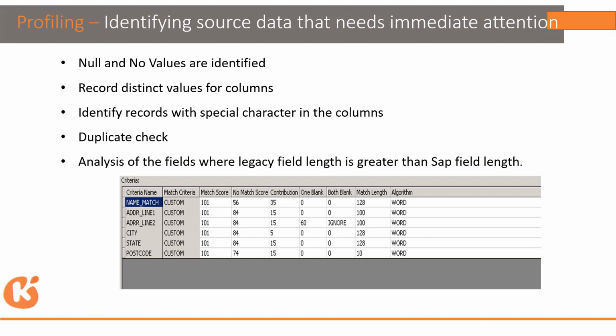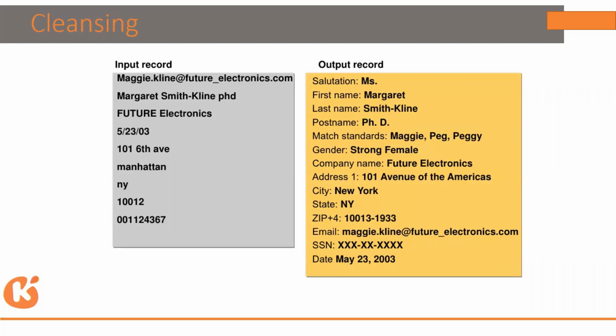Yeah, this is just one example. Here you can see the input records, with email addresses, date of birth, and address, and then how the output should be: from one email address and one address, how we can categorize all the parts, like first name, last name, the post name, and gender.